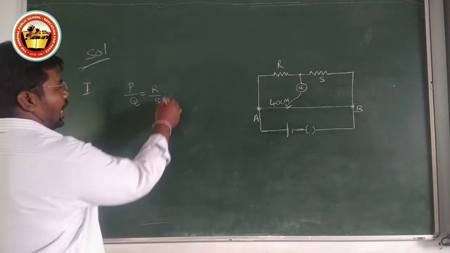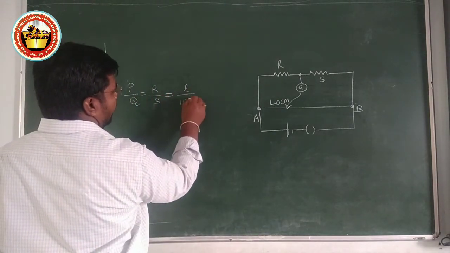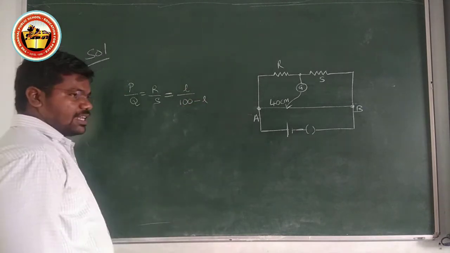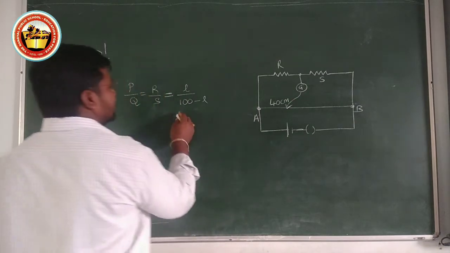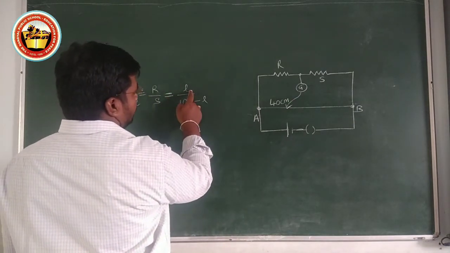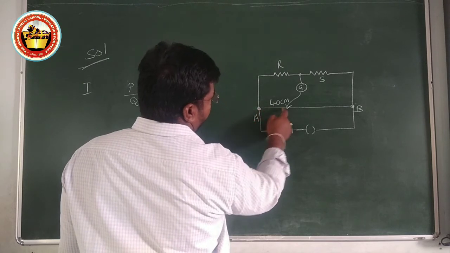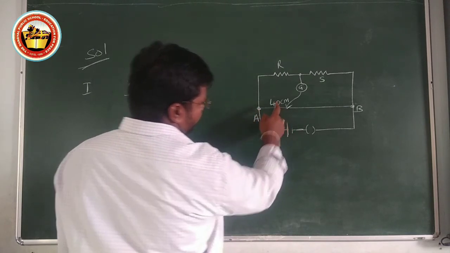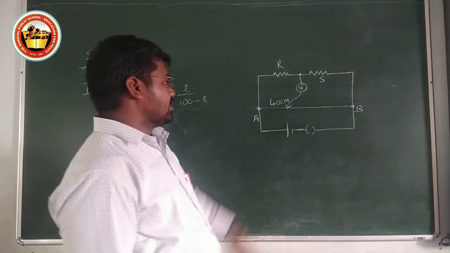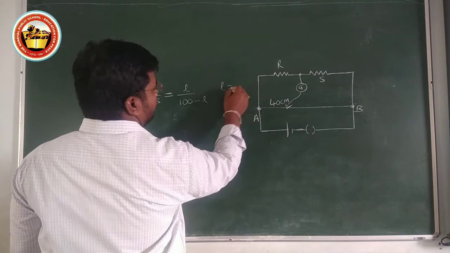So R by S is equal to L divided by 100 minus L. The length from the jockey to point A we get is 40 centimeters, by using R and S resistance. Here L is equal to 40.